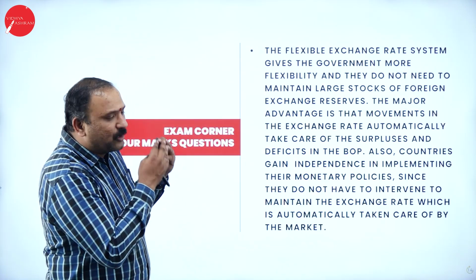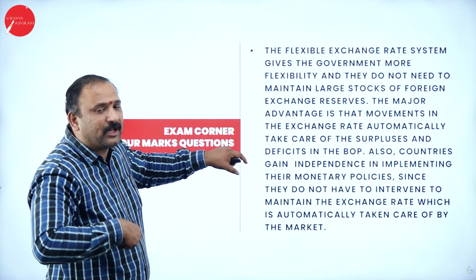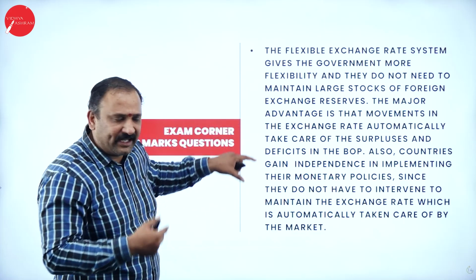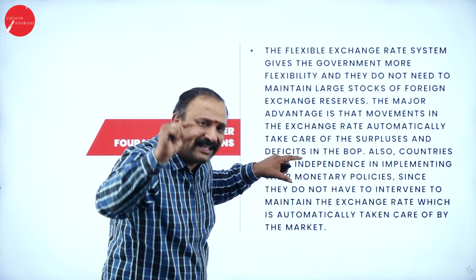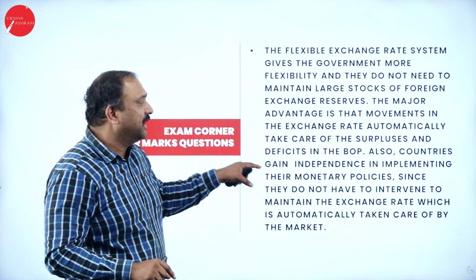On the other side, when we look into the flexible, which is much more appreciated, what happens here is that they don't have to maintain large stocks of cash piles or gold or any other reserve. The exchange rate automatically moves with the demand and supply versus the global currencies in the system.